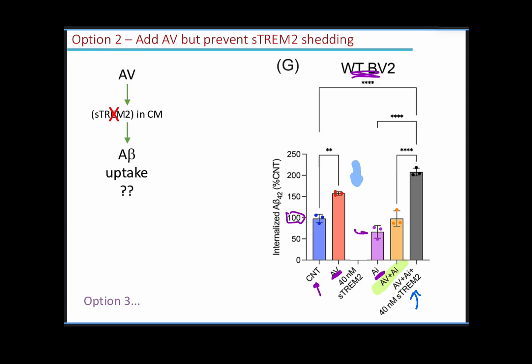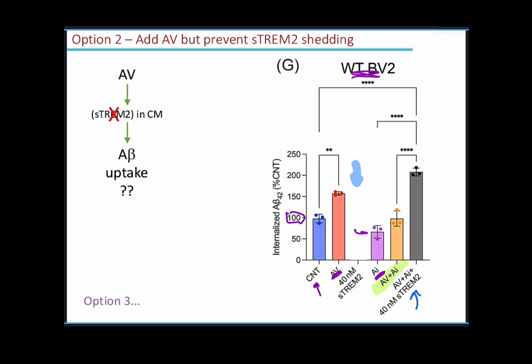Whenever you have something floating around, how can you block it? With blocking antibodies, right? I can't remember, but we may have seen papers in which they use blocking antibodies against soluble TREM2. Soluble LRP1, I'm pretty positive, but TREM2 as well.